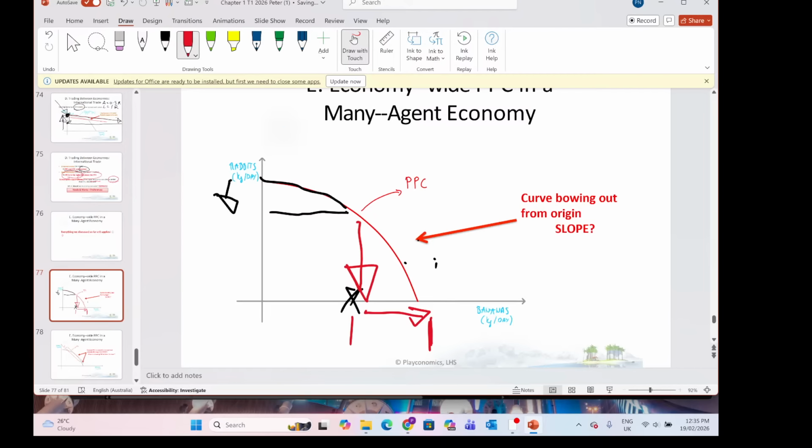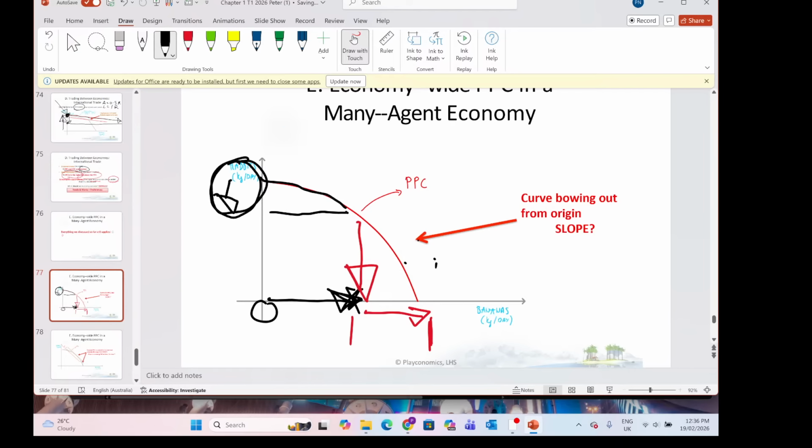So the principle of diminishing returns, or the low-hanging fruit principle, it still applies. To go from 0 out to X, we can produce these products with a low opportunity cost. I'm circling that in black.